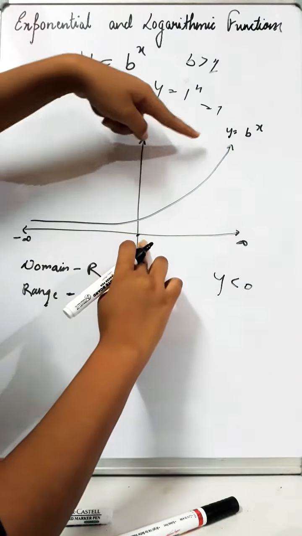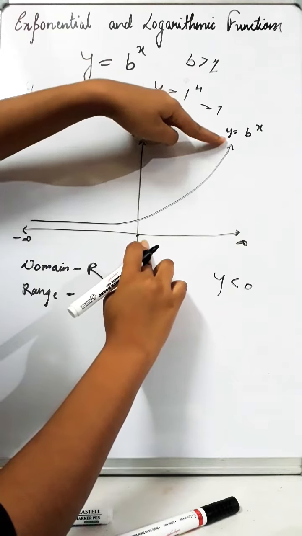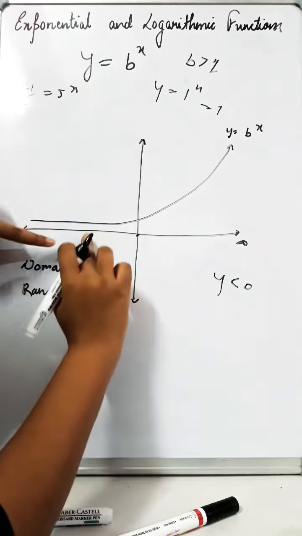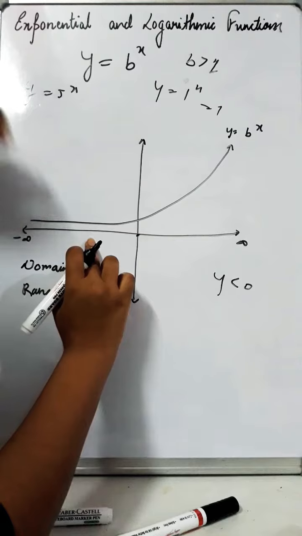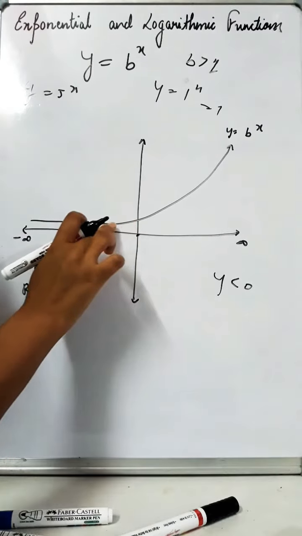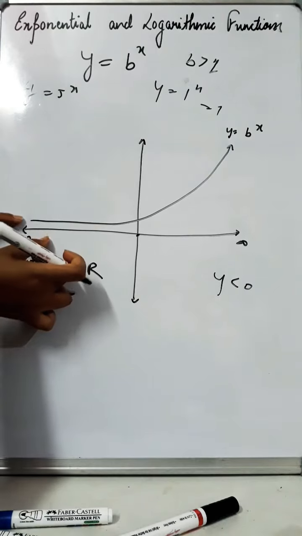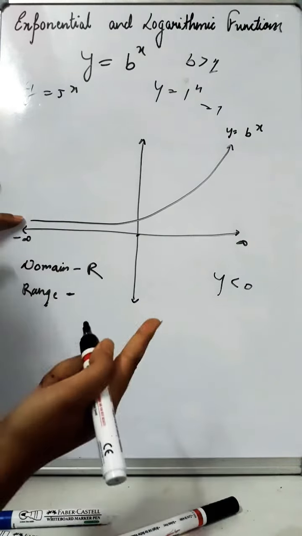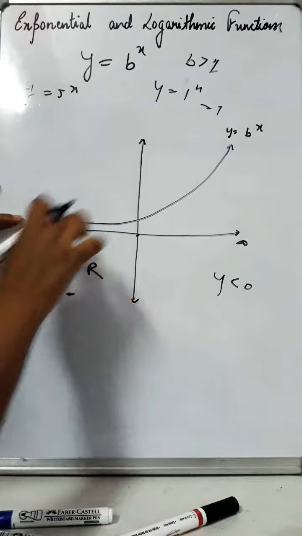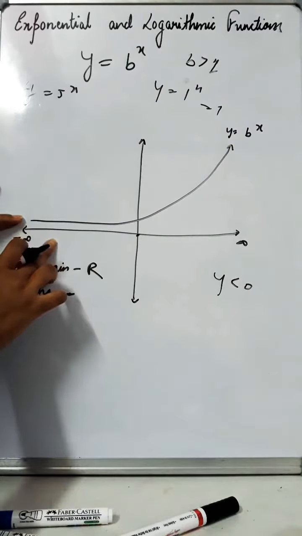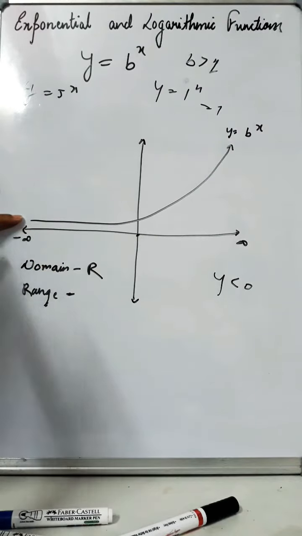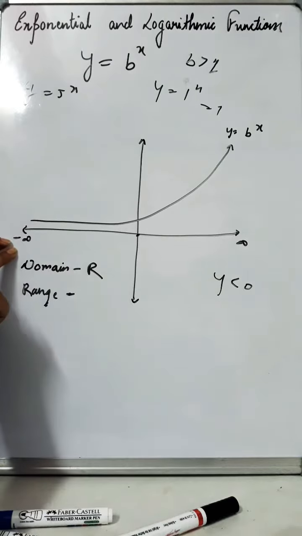You see, this graph is an asymptotic graph. This graph cuts the x-axis at infinity, means it is leaning towards the x-axis and coming nearer and nearer to the x-axis, but we don't know where this graph is going to cut the x-axis. So it is assumed that the graph intersects the x-axis at infinity, the extreme end.